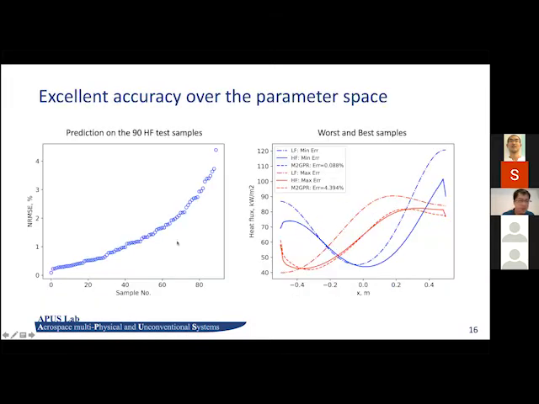And then here's what we get. For the high fidelity test samples, the maximum error is only less than 5%. And on the lower end, many of them have even only 1% error. And here are a little more details on some specific samples. And here you can see the low fidelity data.